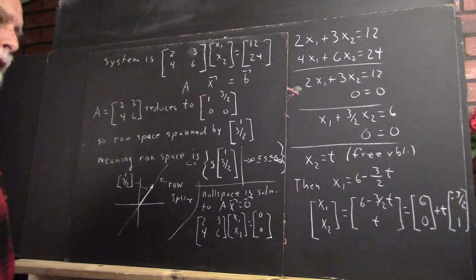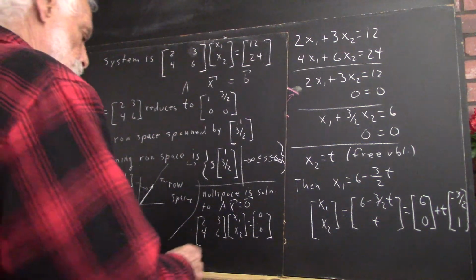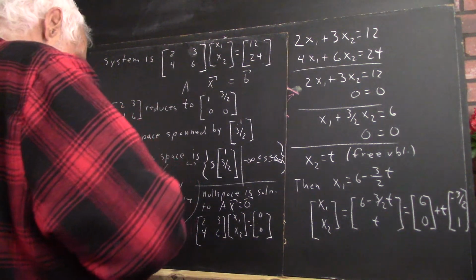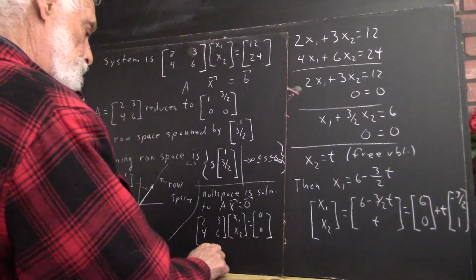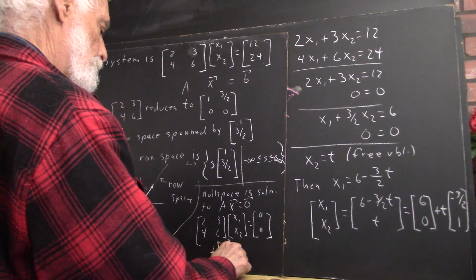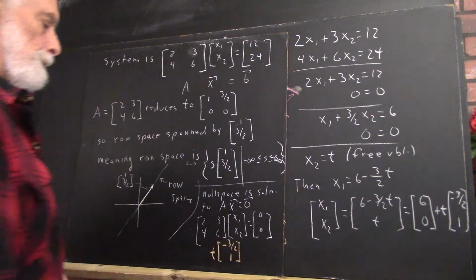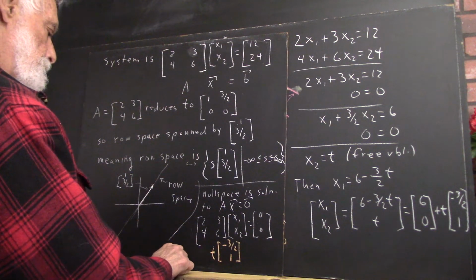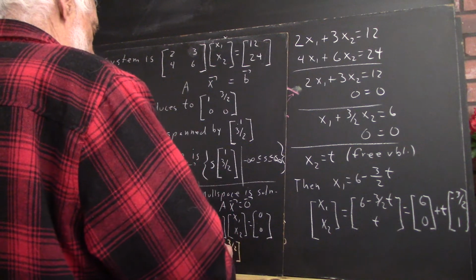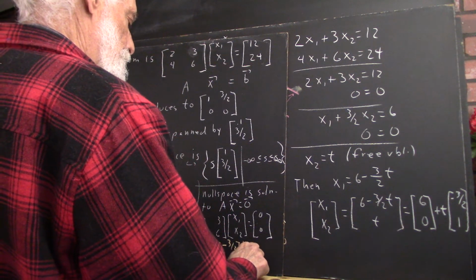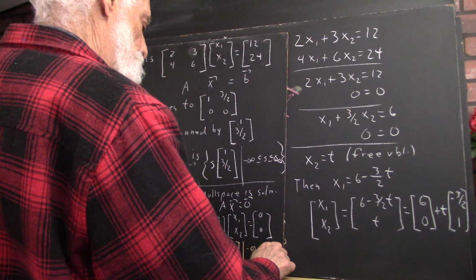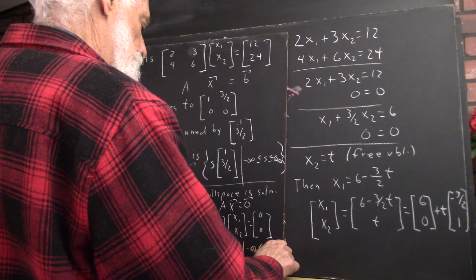And that, which you can verify, I'm not going to go through all the details, is the set of vectors t times (negative 3 halves, 1), such that negative infinity is less than or equal to t, less than or equal to infinity.